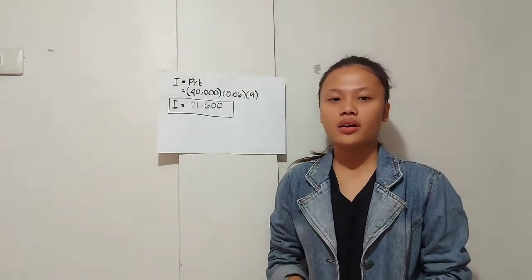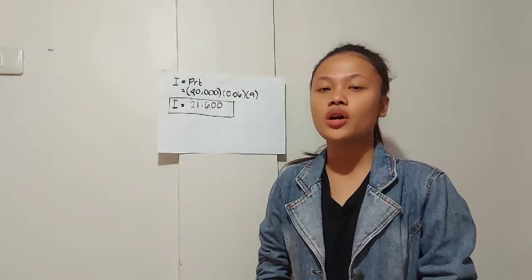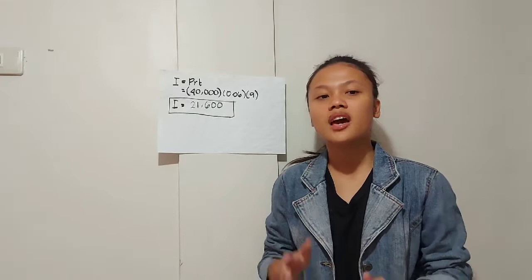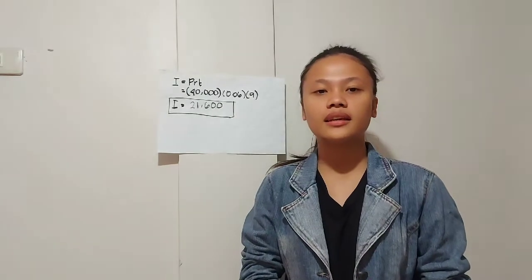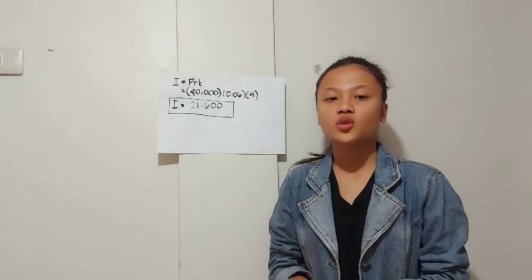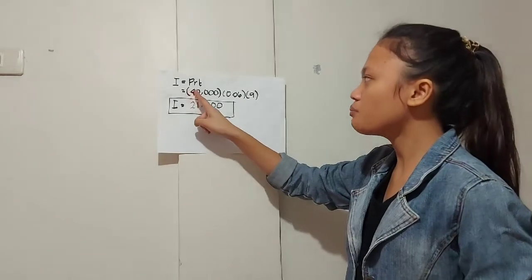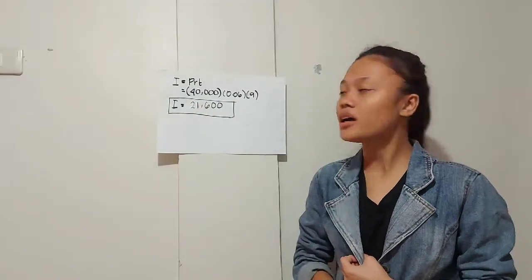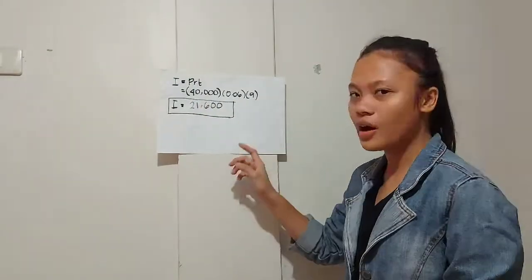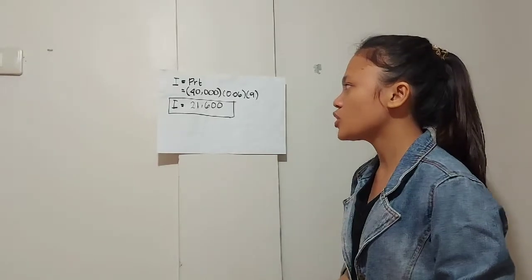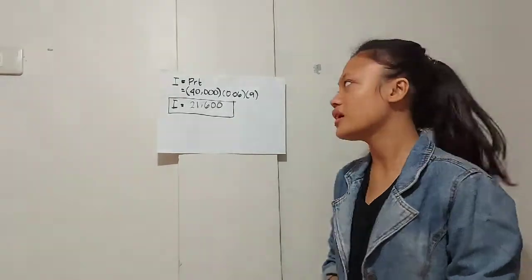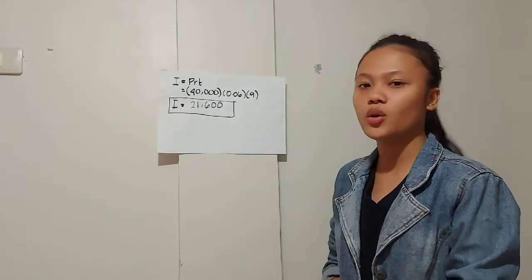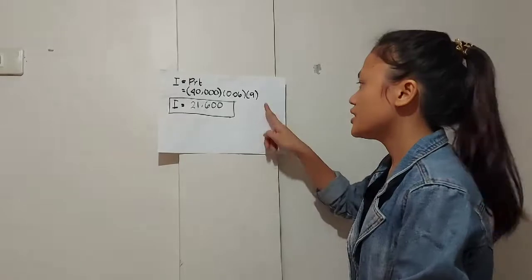What is the APR on a 40,000 pesos bank loan with 6% simple interest and payable in 9 monthly payments? In order for us to calculate this problem, we need the formula I equals P times R times T, wherein our P is the 40,000 bank loan and our R is the 6%, which we divide by 100 to have 0.06, times T, the 9 equal monthly payments, which is 9.